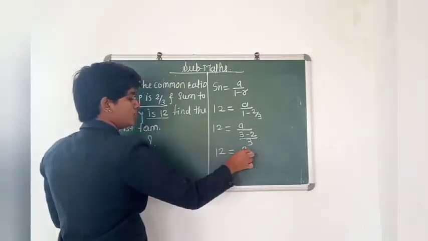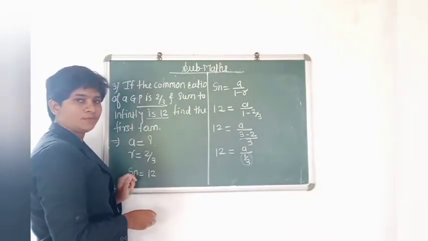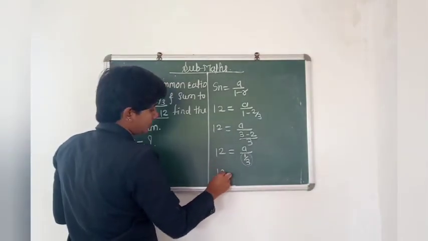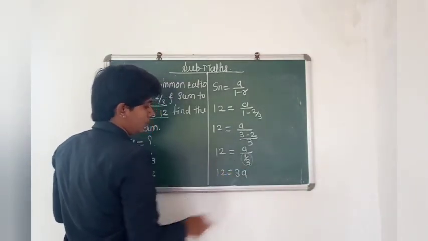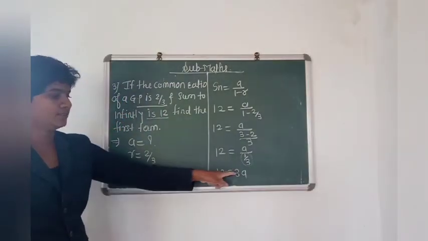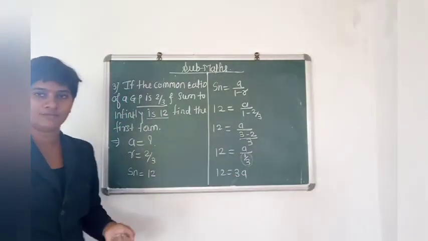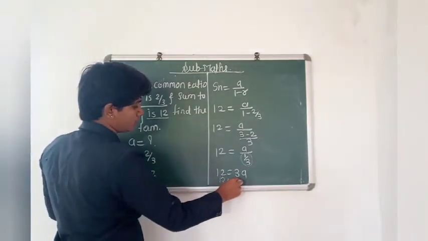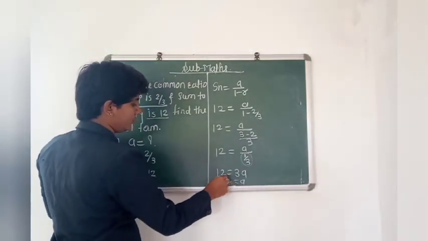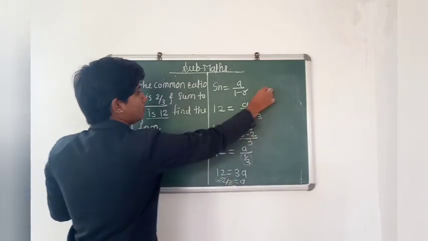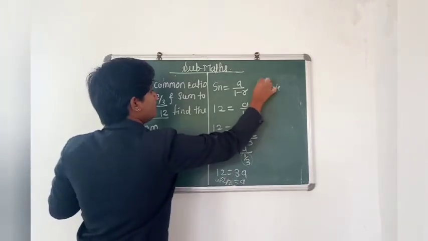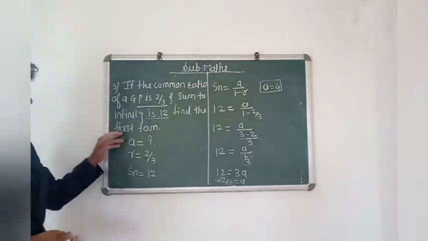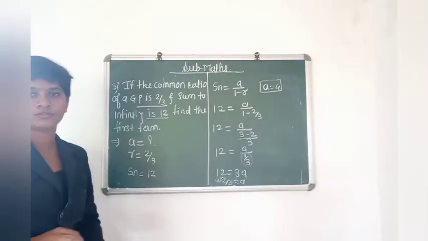This whole term goes to the numerator as its reciprocal, so 12 is equal to 3 times a. To find the first term, this 3 is multiplied, goes to the other side to divide, that means 12 divided by 3. 3 ones are 3, 3 twos are 6, 3 fours are 12. Therefore the value of a is equal to 4. So the first term of the geometric progression is 4.